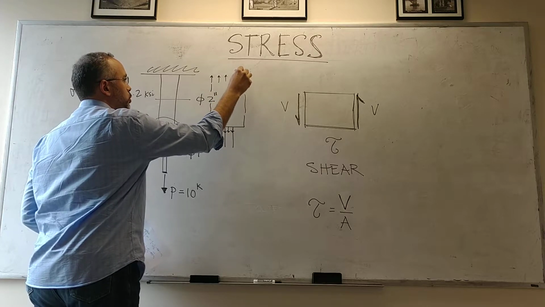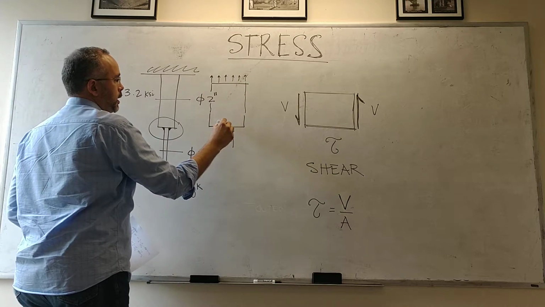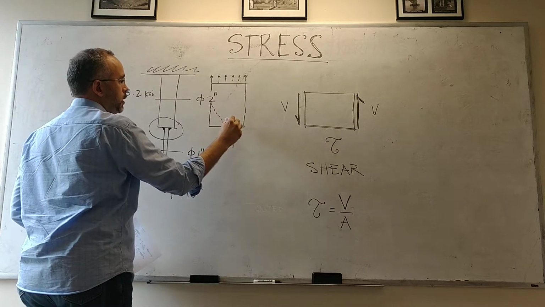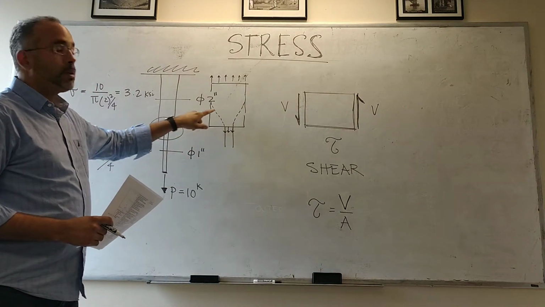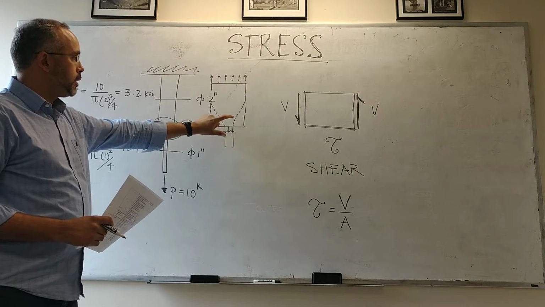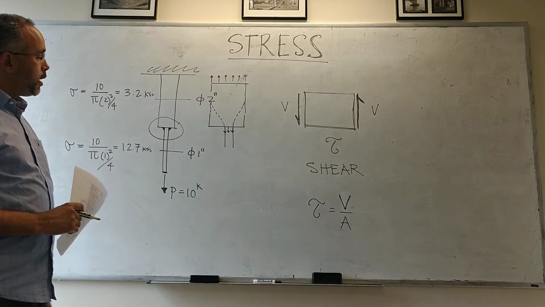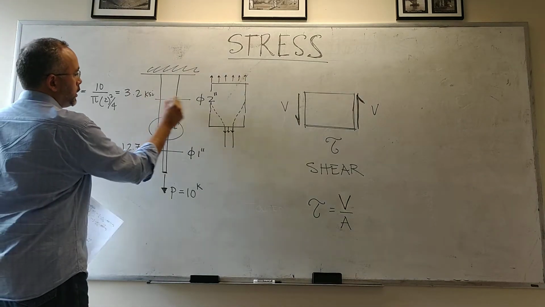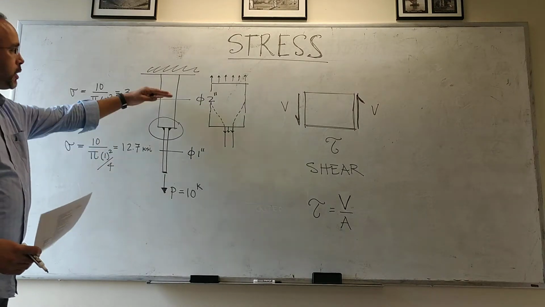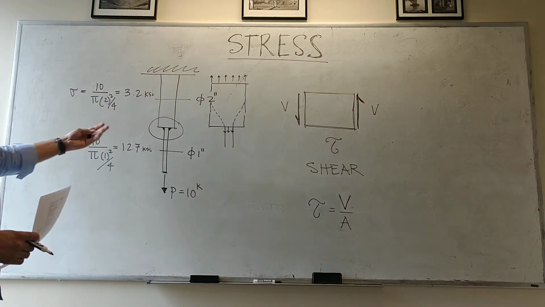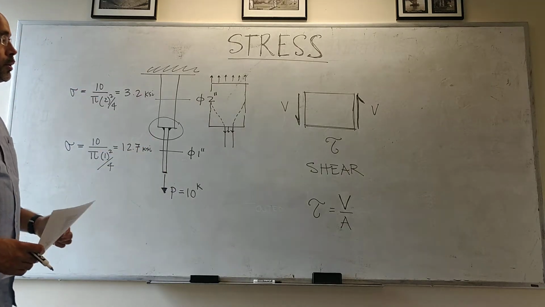So between those two, there is a transition, and there are some other more complex states of stress that happen around this connection, and we're going to talk about those later on. But at this point, basically, we are interested in the mean average stress across these different cross sections, right? So very simple, just divide the force by the area perpendicular to the force.